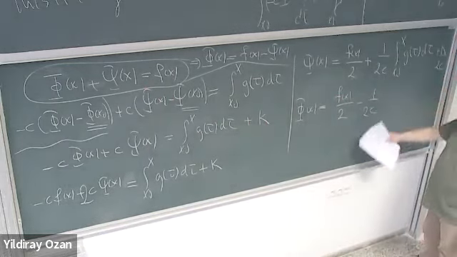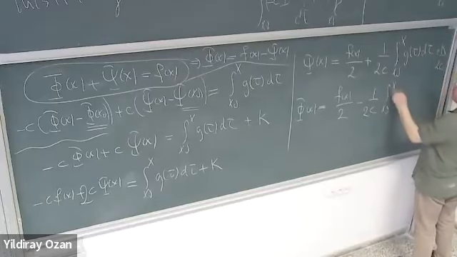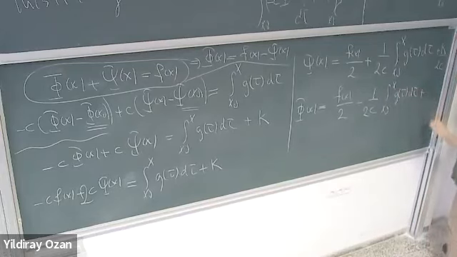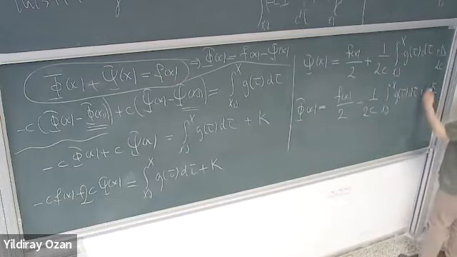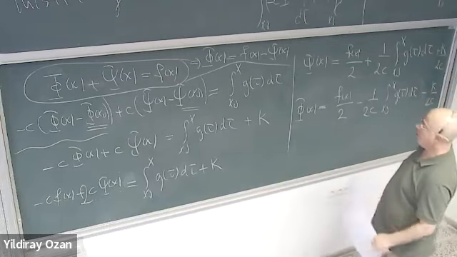So that when you add them up, they cancel out. Integral x0 to x, g tau d tau plus k over 2c. Hangisi? Ha, yani evet, minus olması lazım. Evet. Birbirini götürecek.